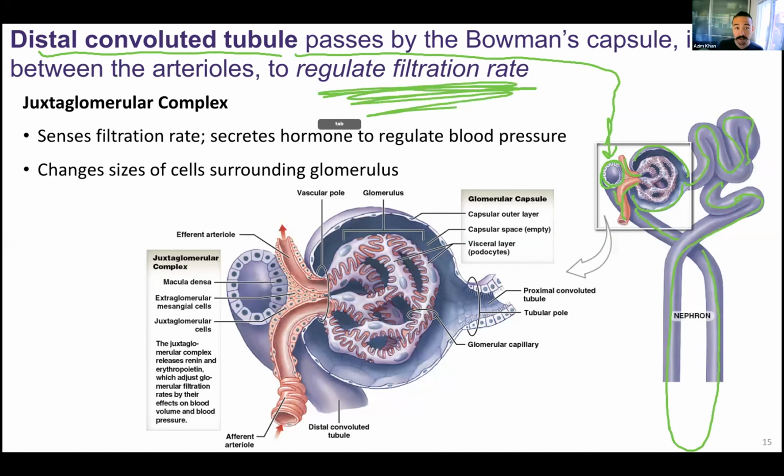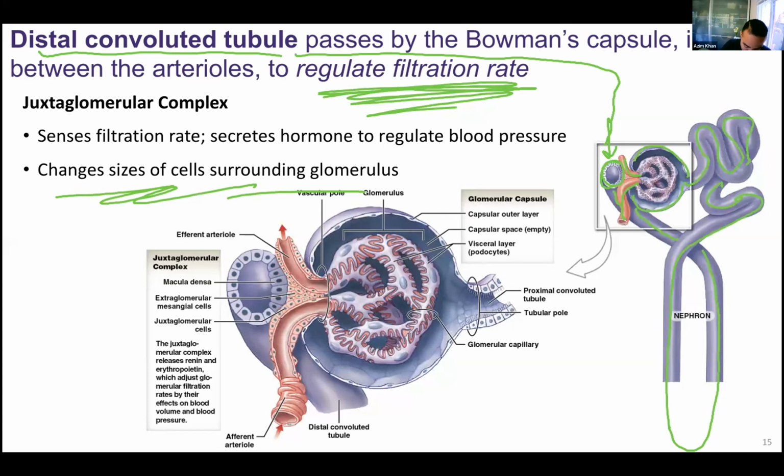It's really important that we are constantly filtering no matter what our blood pressure is. Blood pressure influences your filtration rate. We don't want to filter too much. We don't want to filter too little. So depending on what our blood pressure is, we need to change how much we're filtering. We can change the size of cells surrounding the glomerulus.